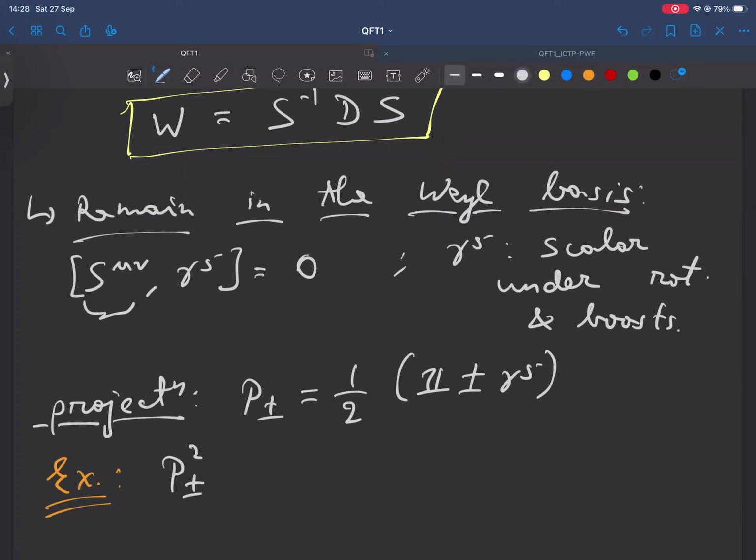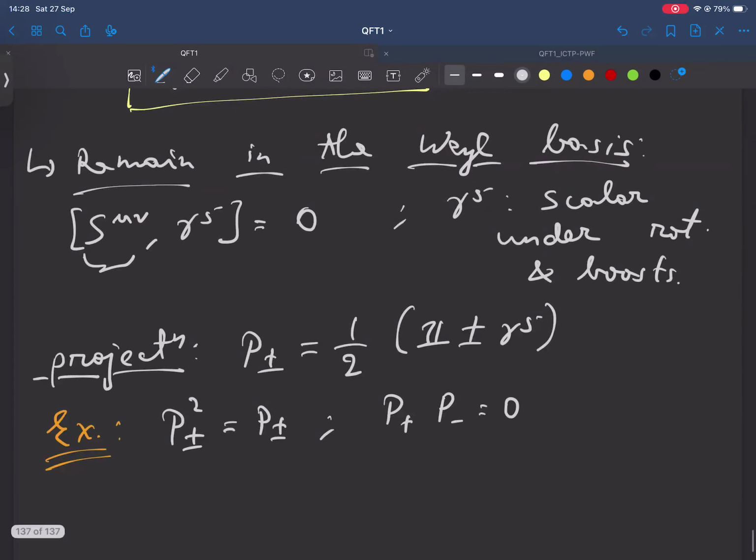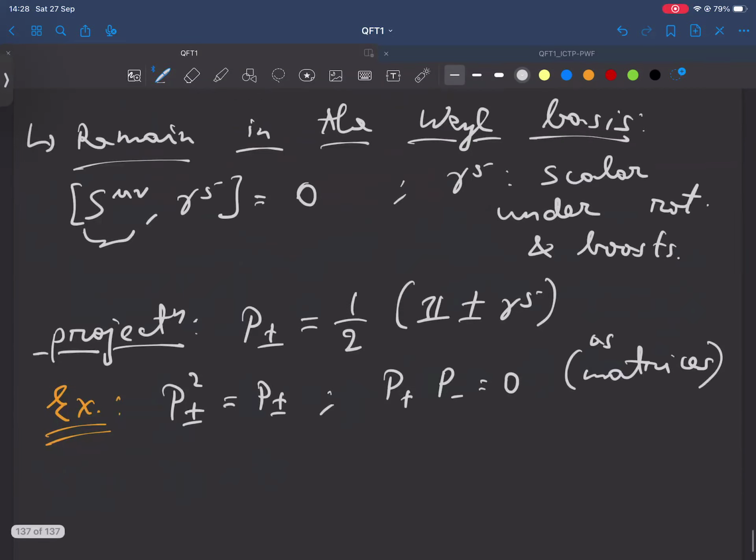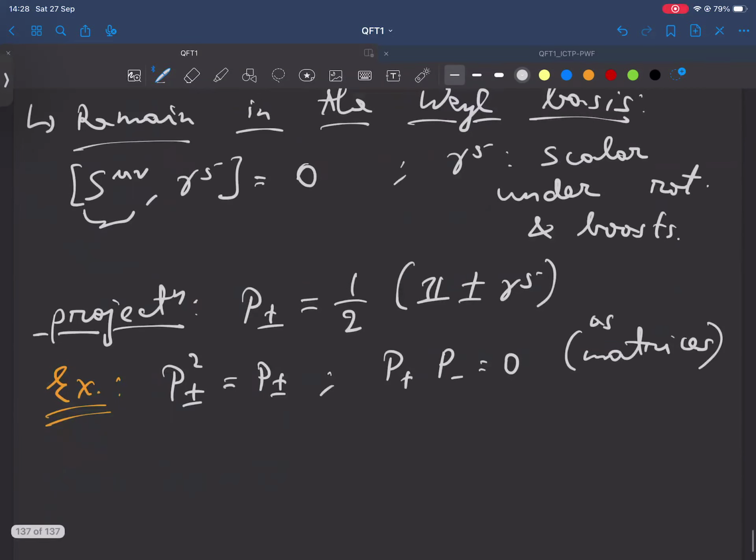P plus minus squared is P plus minus, and P plus P minus is 0 as matrices. Okay, so this is just a simple matrix computation. So if you do that, then that's what the definition of a projector is. So they project to orthogonal spaces, and that's where this relation holds. And this is just the definition of a projector, which is an idempotent matrix.